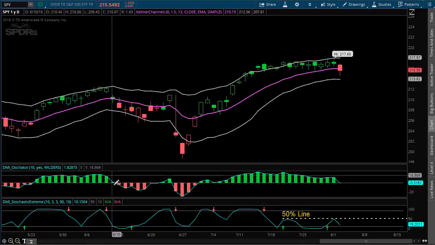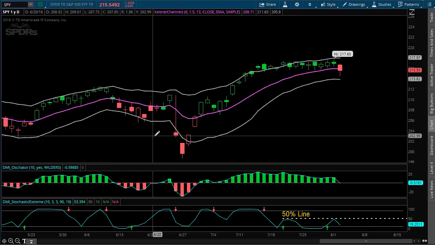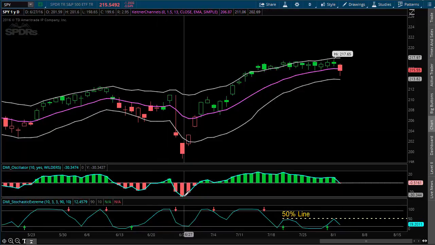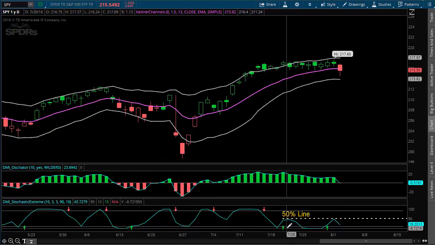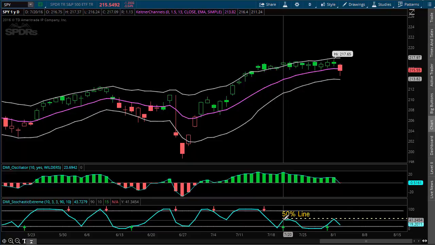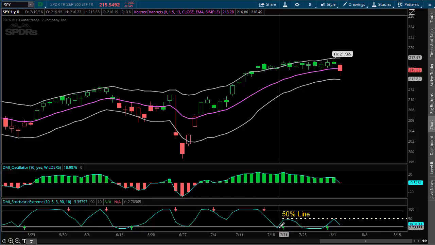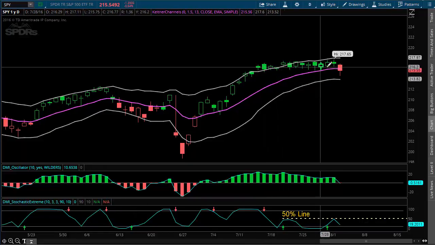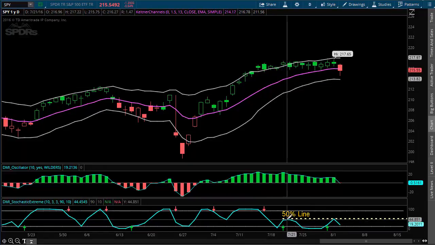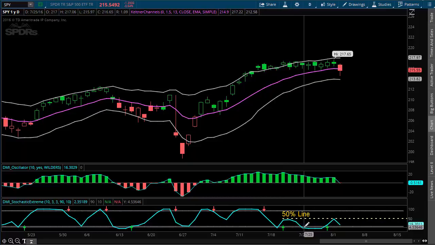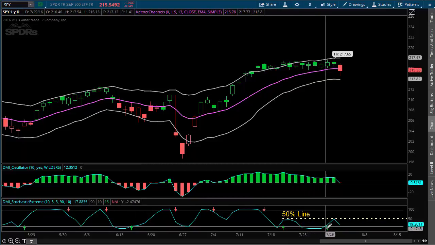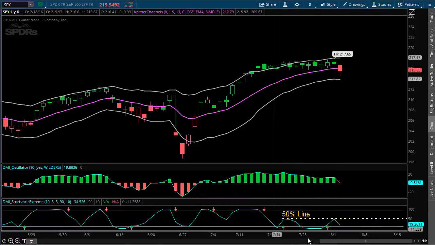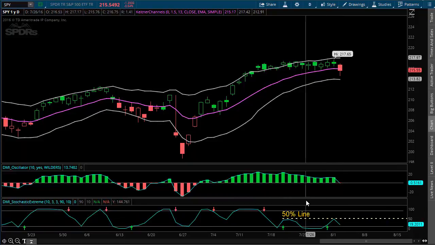But what I noticed this weekend was that the last oscillation during this giant quote-unquote bull flag was unable to get past the 50% line, and it ended up rolling back down, and then it started to come back up again. And this is a negative sign for the bulls.